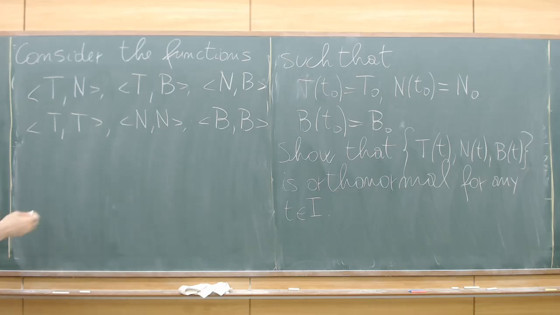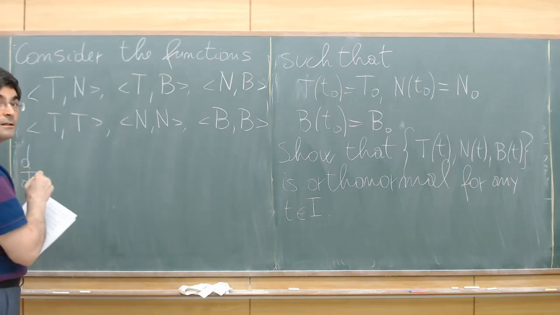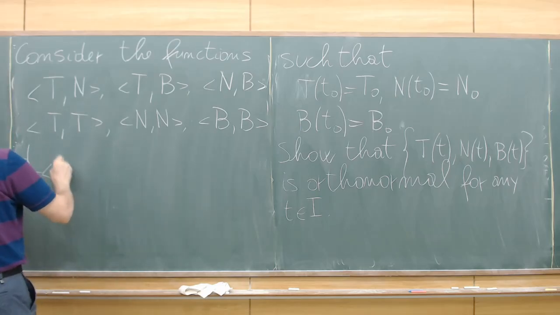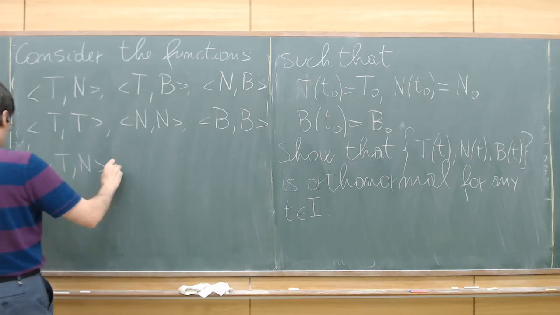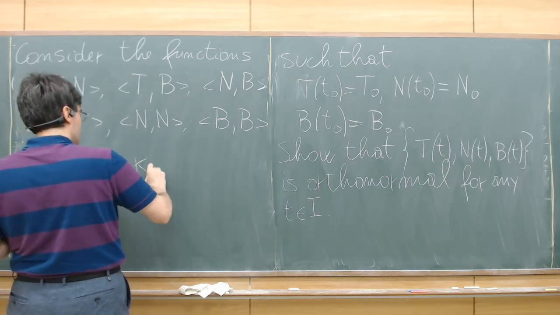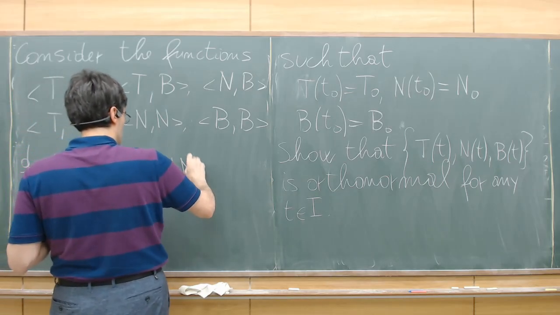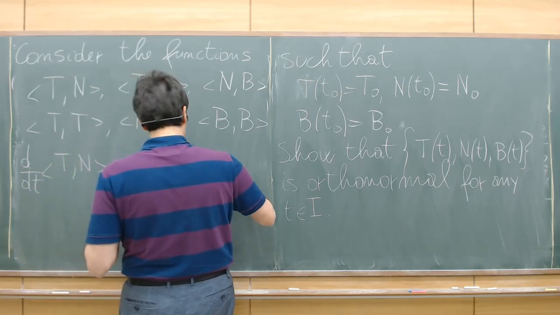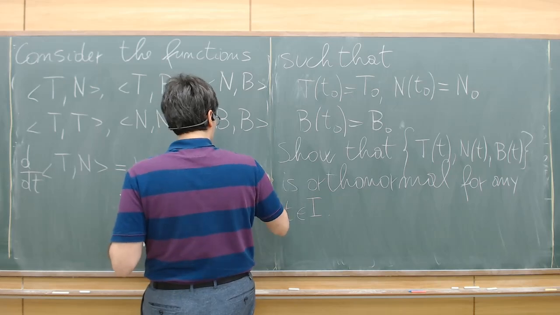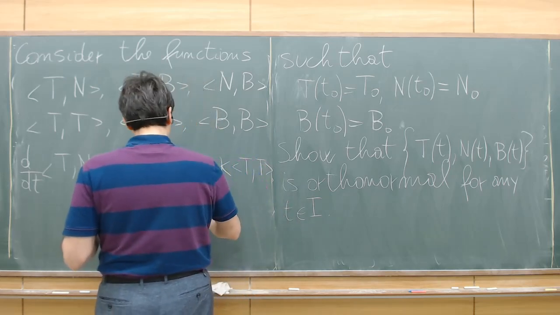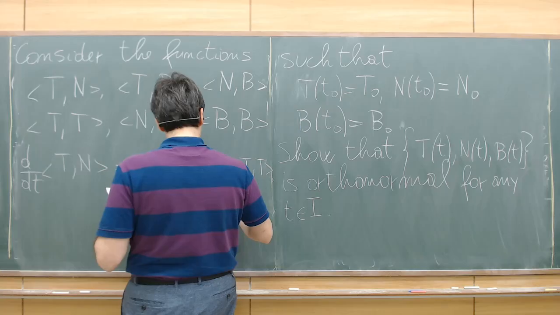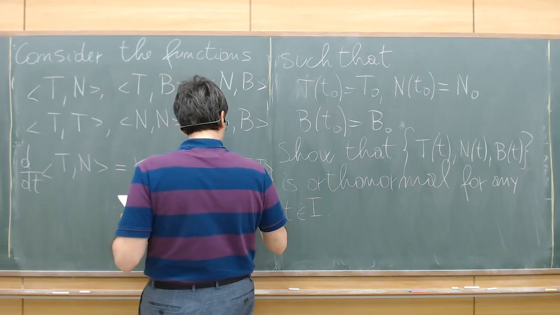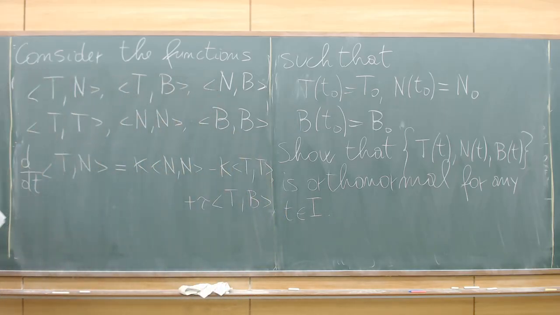And it's possible to prove that d/dt of TN is k NN minus k TT plus tau TB. How to prove this formula?